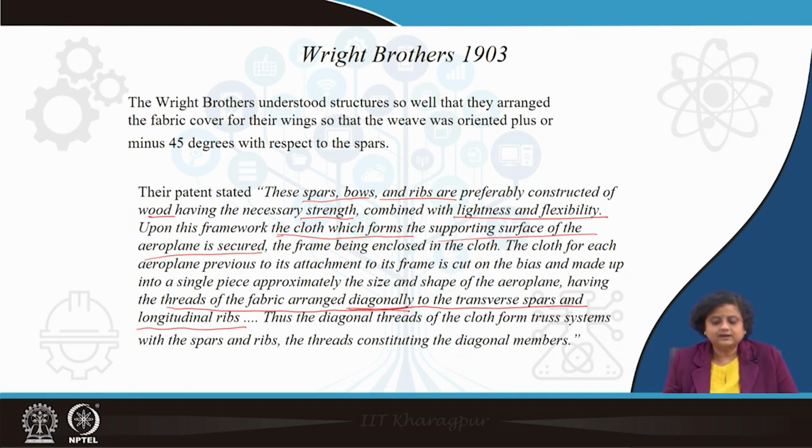The longitudinal ribs and the transverse bars were withstanding the normal forces, whereas the fabric, which was laid diagonally, was utilized to withstand the shear forces. So, you can see that with the minimal raw material available at that time, they made such judicious use that they used the fabric also to withstand the shear force, apart from the spars and the ribs that were used for the normal forces.